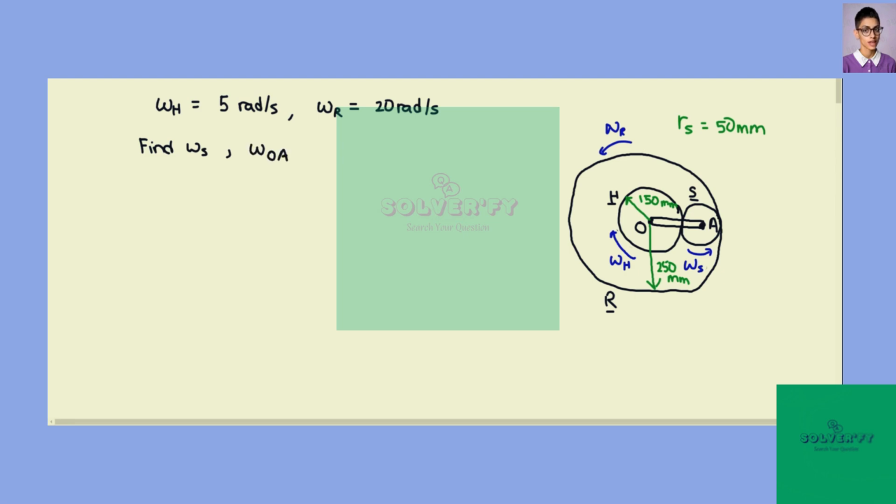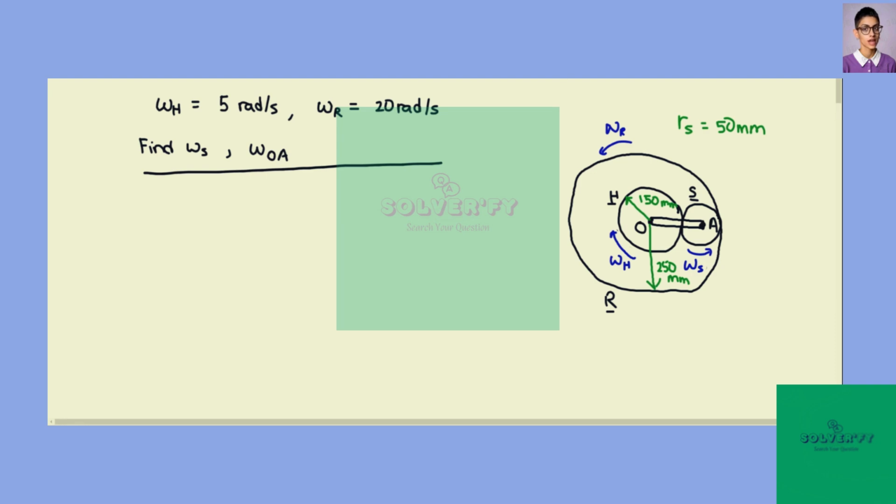Okay, so to do this, we first need to find a good gear that allows us to find the instantaneous center of zero velocity.